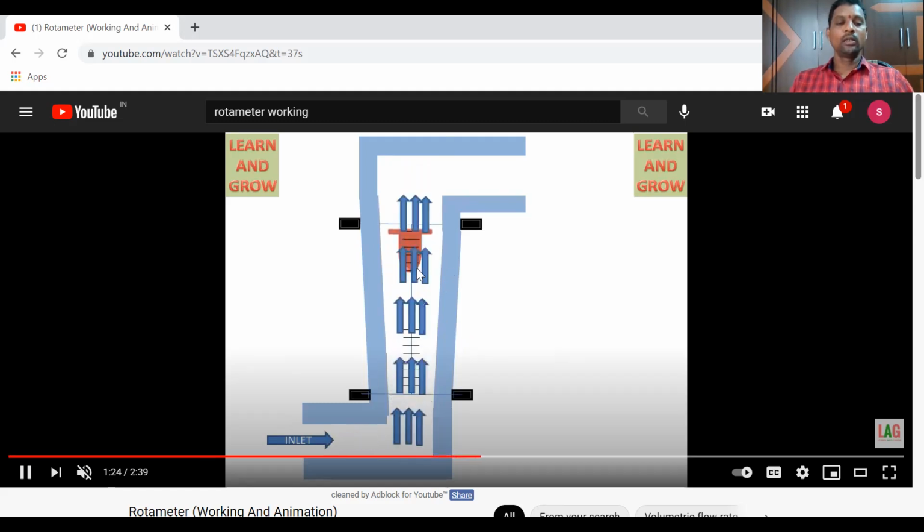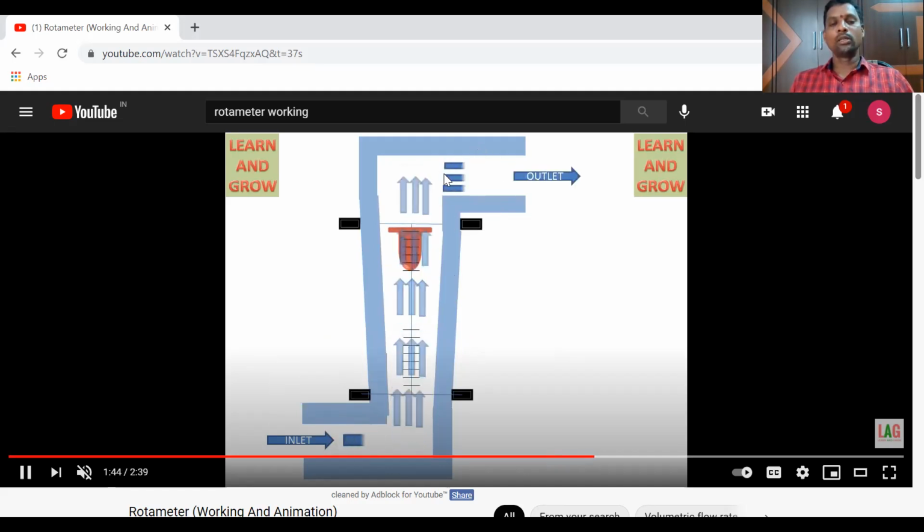Now see how the bob is moving upward because of the annular space between the bob and the glass tube. When the flow quantity or velocity is more, meaning more quantity of fluid is entering, the bob moves upward. After crossing the bob, the fluid exits through the outlet.